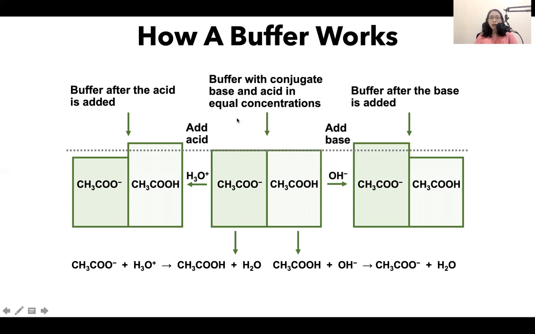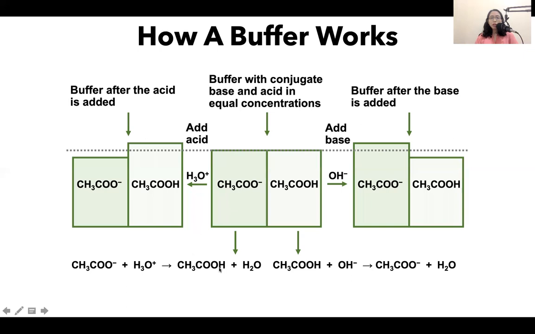Now consider adding a strong acid. We know that strong acids have H3O+ or hydronium ions in solution. So this strong acid is represented by the hydronium ion shown here. This can be neutralized by the conjugate base acetate.